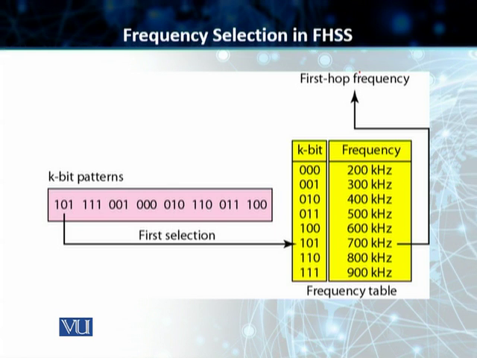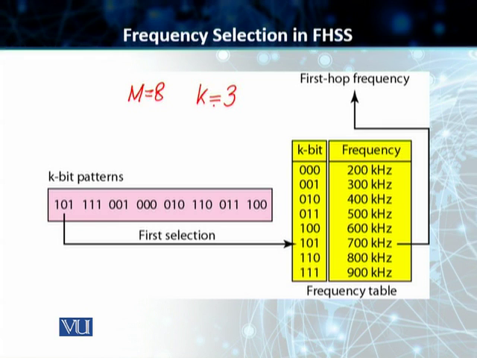So M in this case is 8. The frequencies are 200, 300, 400, 500, all the way to 900. And the k-bit pattern, in this case, k is equal to 3.